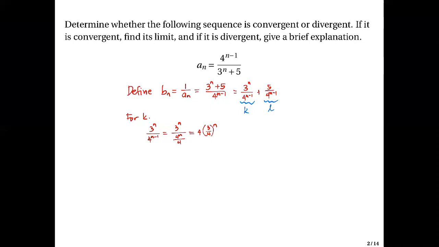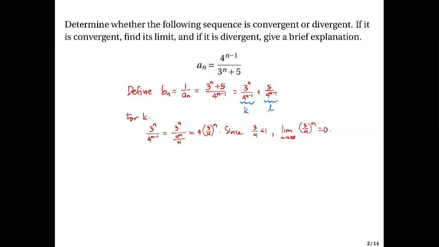Now, since 3 over 4 is less than 1, the limit of this exponential expression here will go to 0 as n approaches infinity. The limit as n approaches infinity of 3 over 4 raised to n is equal to 0.